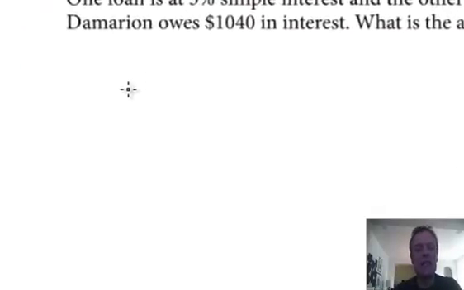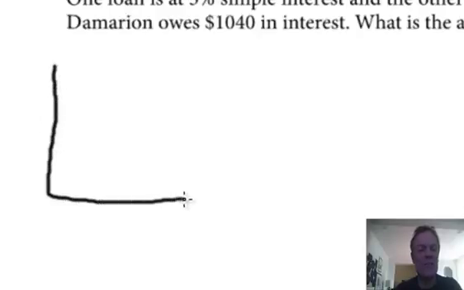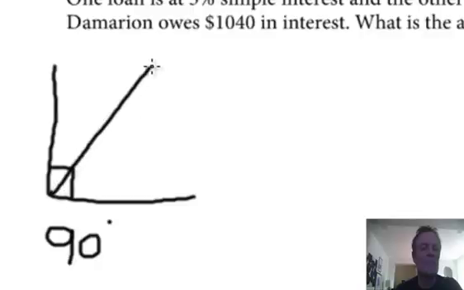Now, I'm going to do a little exercise with a right angle. Remember this is 90 degrees, that's a right angle. If I chop it into 2 and call this x, then what is that's left?